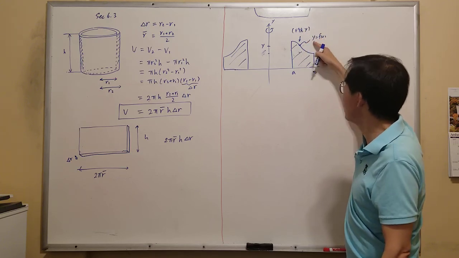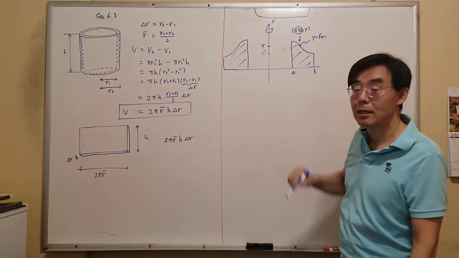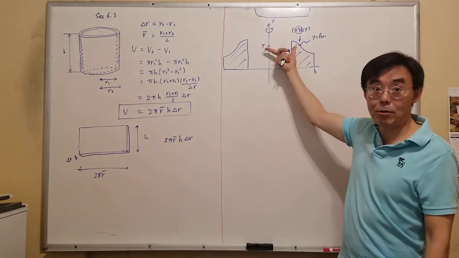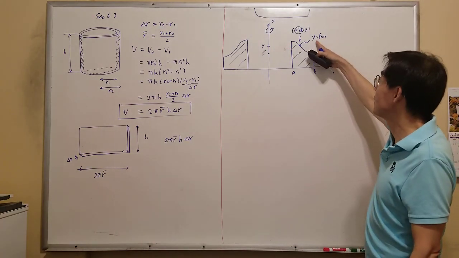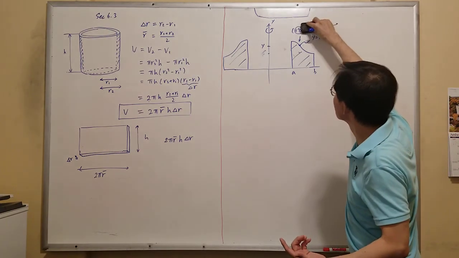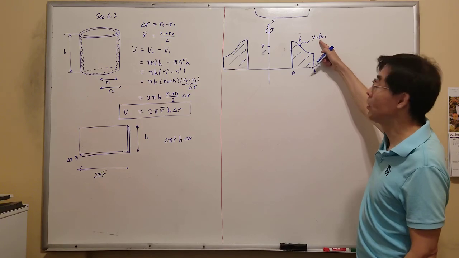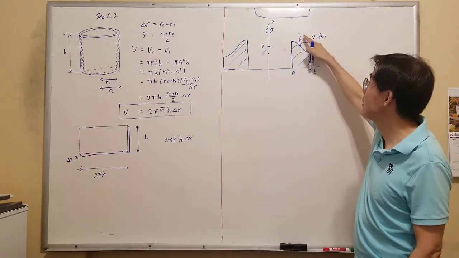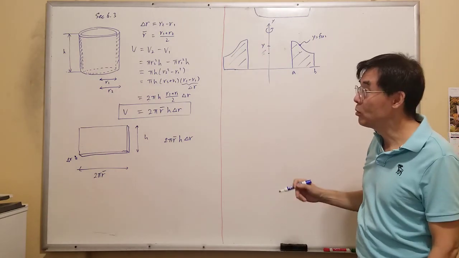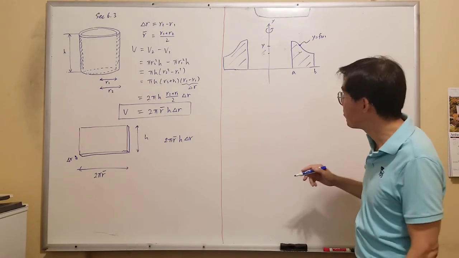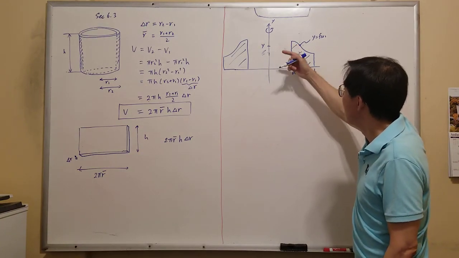You have to solve for x, so you can find your x coordinate, which is the outer radius, as a function of y. The problem is, a lot of times it is very hard to solve for x, and often it is impossible. So it will be very difficult to use this washer method.